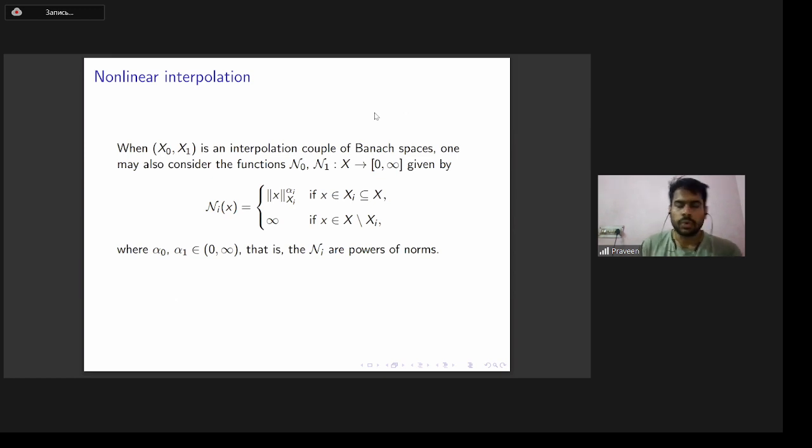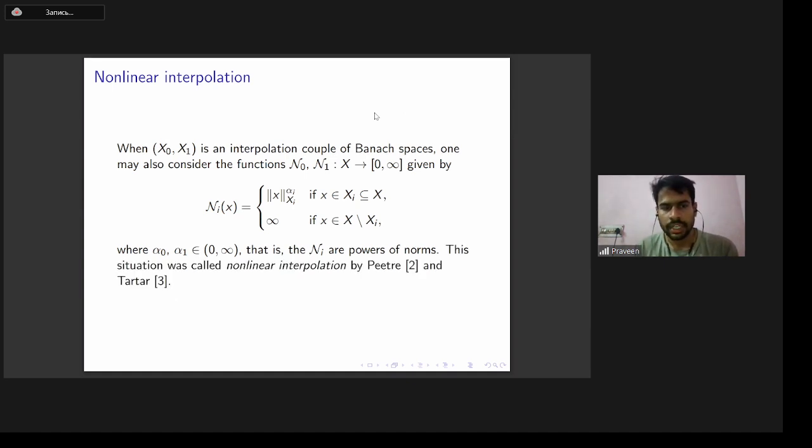Here we have some more examples. If we have a couple X0, X1 of Banach spaces, we can define some general functions that are just powers of norms. We can see such examples in existing literature, in the book by Peter and the book by Tata, and they call it nonlinear interpolation.